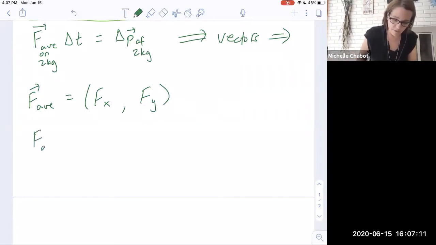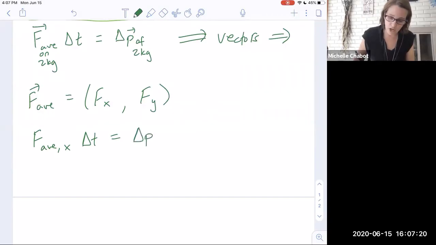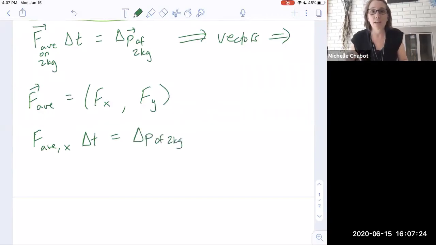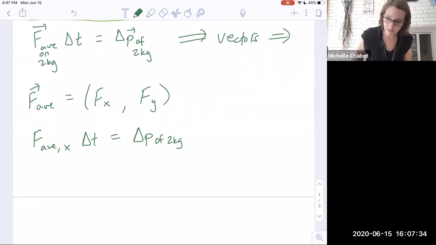So the average force in the x direction times time would equal the change in momentum of the 2 kilogram puck, then in the x direction, right?